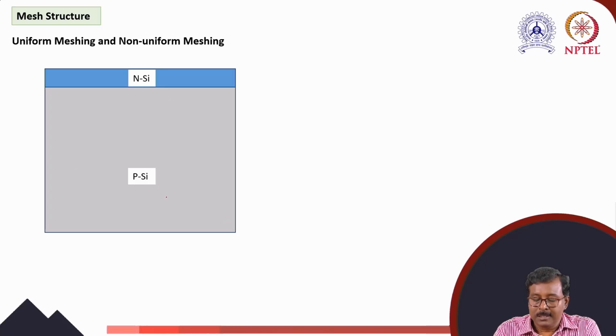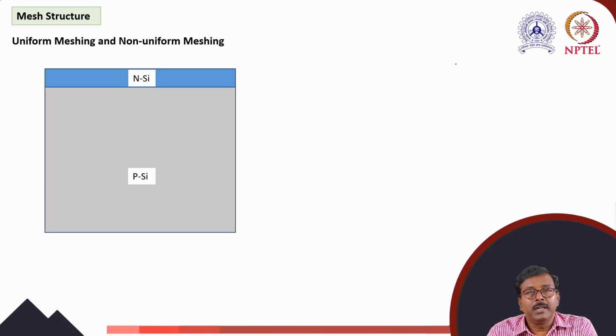This is just like a crystalline silicon solar cell structure. You know the absorber layer is much wider than the emitter layer. So this structure we have taken. Now we have to solve the device equations for this structure. How can we do that?